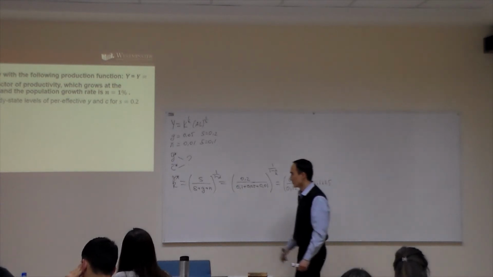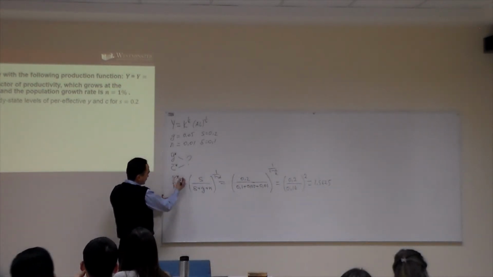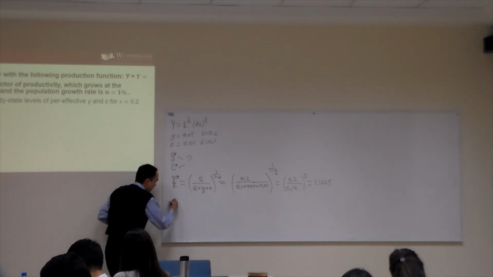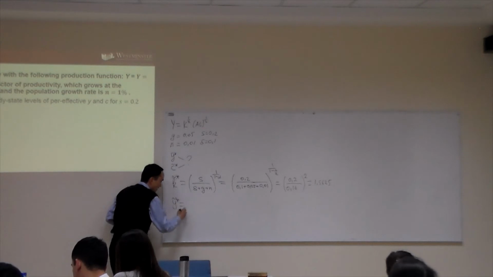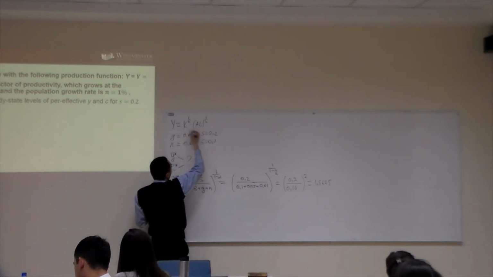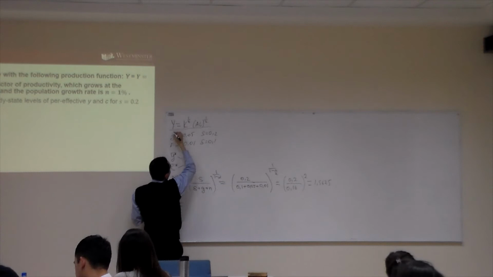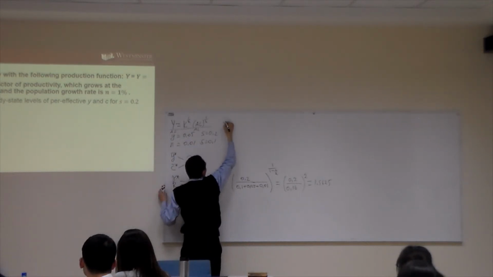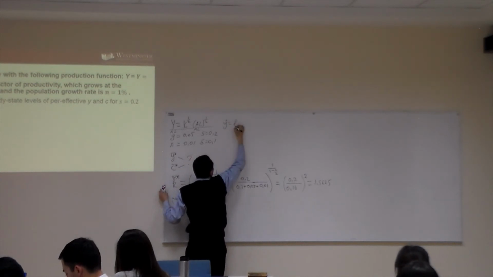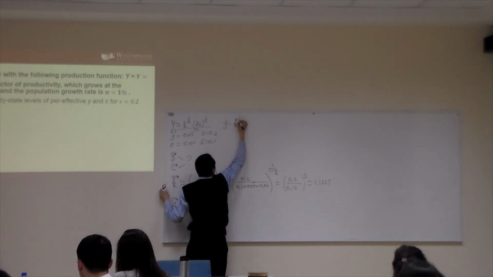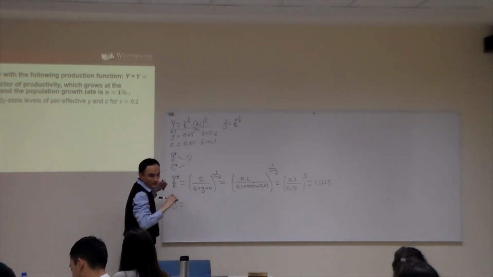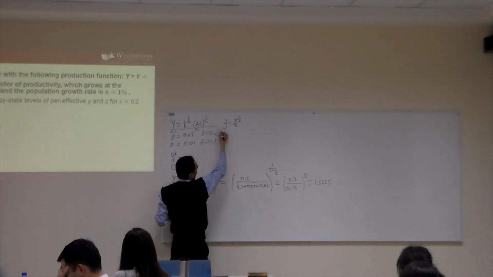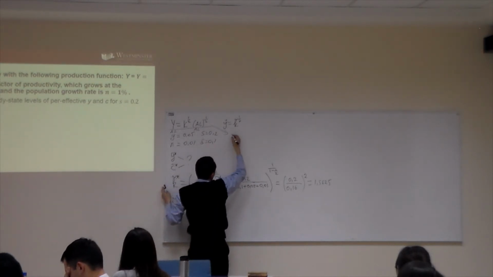Okay. Good. Now, once we found the steady state level of capital per effective labor, we can easily find what our output per effective labor in steady state is equal to, right? If we divide this function on both sides by effective labor, it will give us output per effective labor equal to capital per effective labor to the power of 1 over 2. Let me write it, okay?